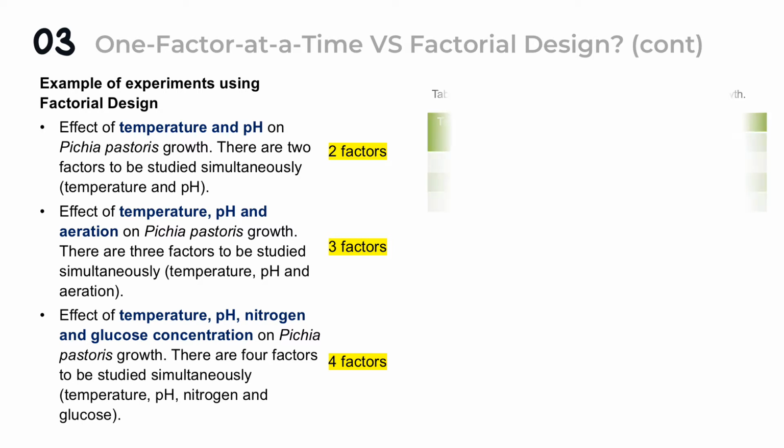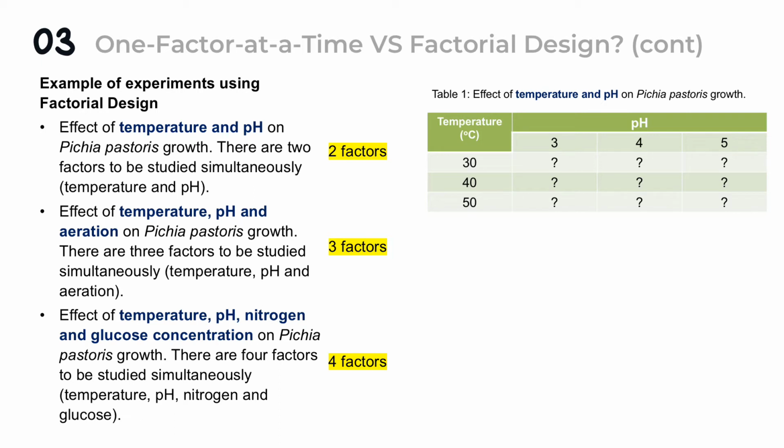Now let's have a look at one example of detailed information about the factorial design experiment. In this case, we talk about two-way factorial design, whereby there are three levels of temperature, 30, 40, and 50 degrees, and also three levels of pH, namely 3, 4, and 5.